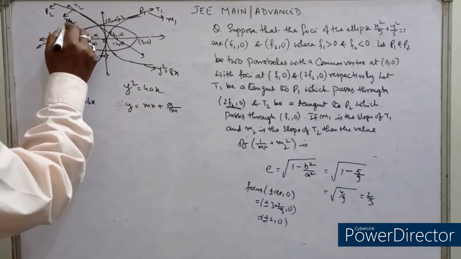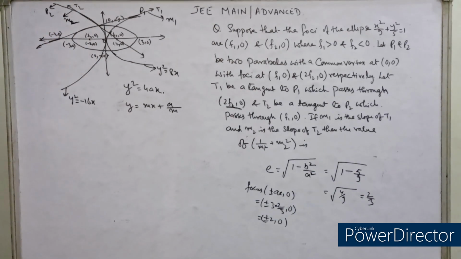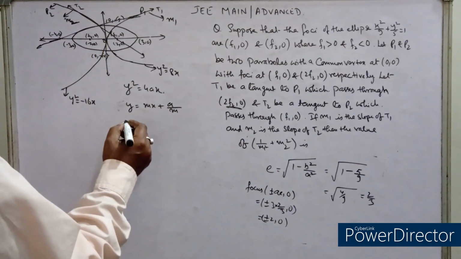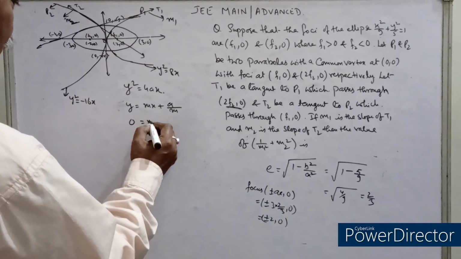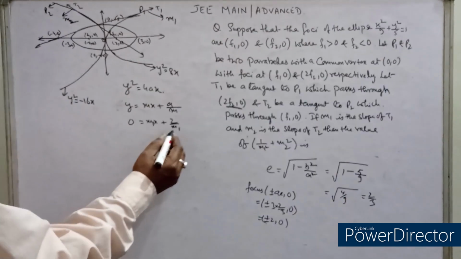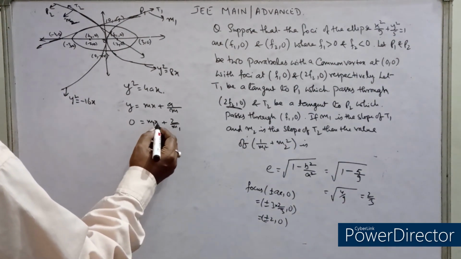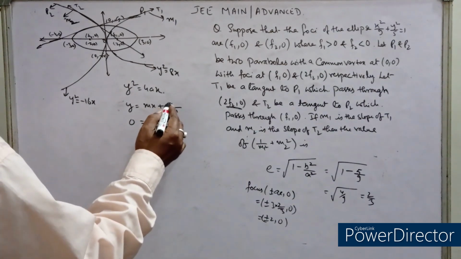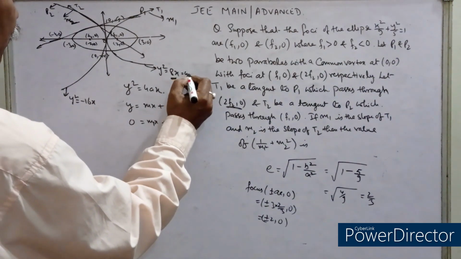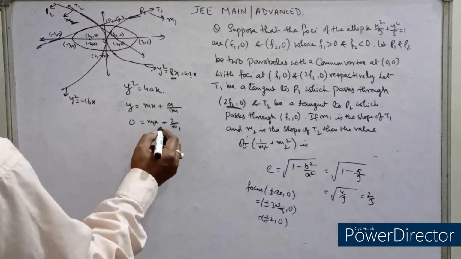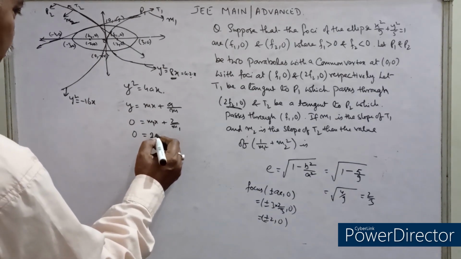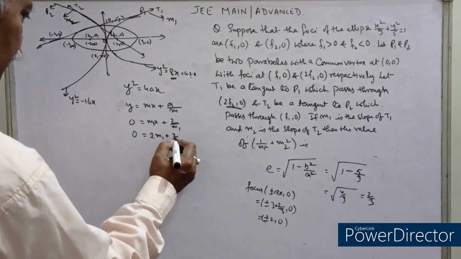Now the equation of the tangent is this, and this tangent passes through 2 comma 0, so 0 is equal to m1 x plus 2 by m1. Here a is 2, because this is equal to 4 into 2 into x, and since it passes through 2 comma 0, so 0 is equal to 2 m1 plus 2 by m1.